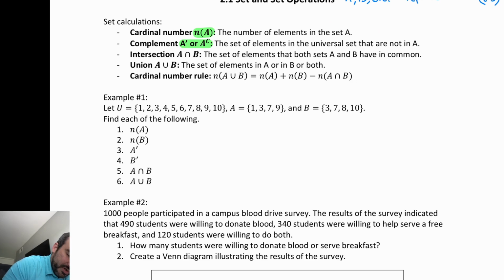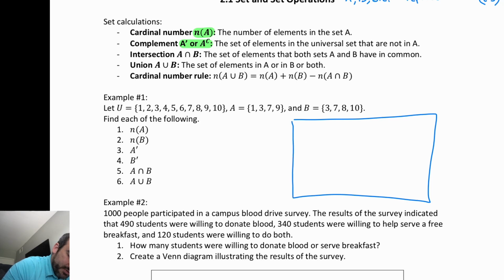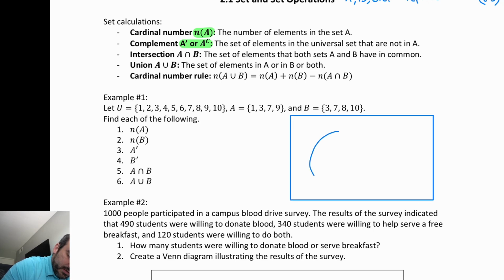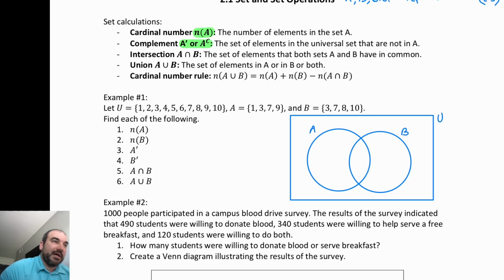So if we're drawing a picture of this specific situation, I would do something like this. Draw A and B, and the box that we draw signifies the universal set. As we put elements in, I know 3 and 7 are both in A and B, so they must be in that middle area. That's part of both A and B. Then if I look at the elements of A, I've already put 3 and 7 in A. So A is all of this, right?